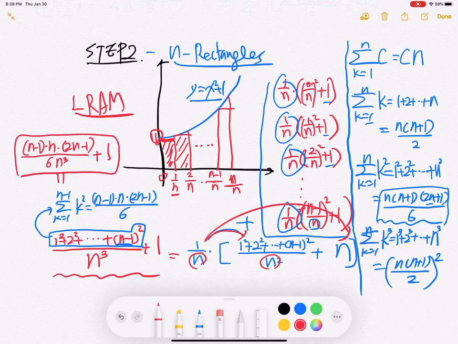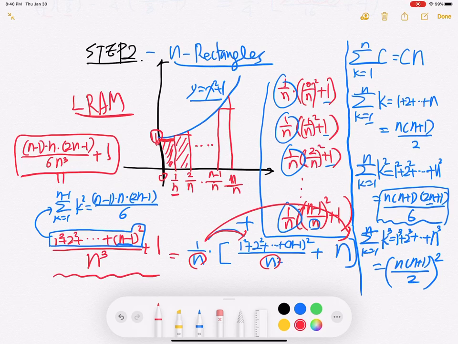This is the final answer. This is the n rectangles area using LRAM. Still, it should be an underestimate. Even though we make 100 rectangles, some of those rectangles' areas are less than the actual area, because the graph is increasing and we use the left point of each section, that's why.